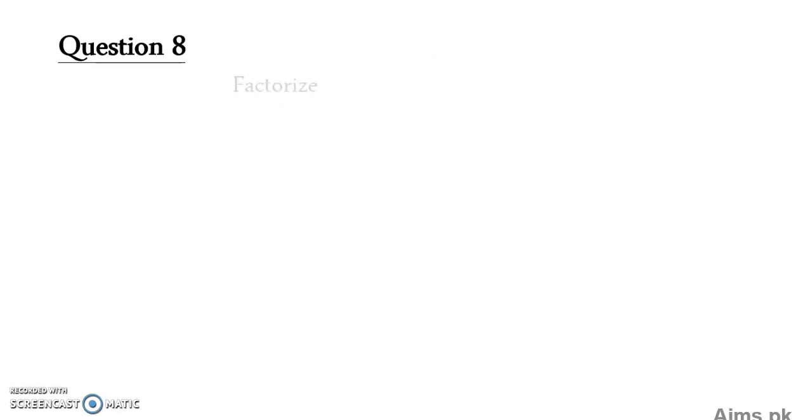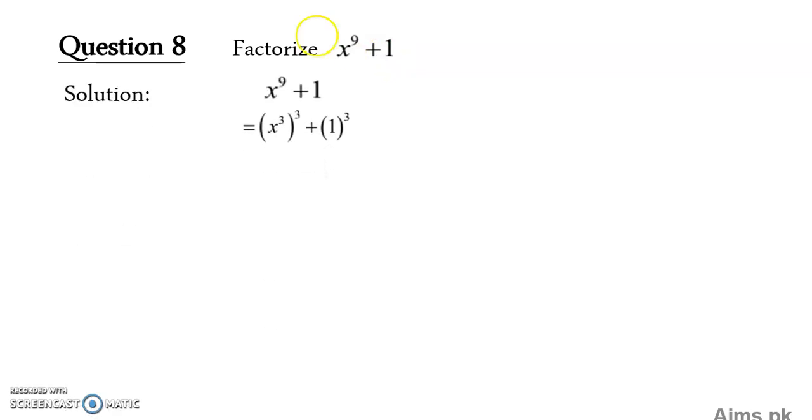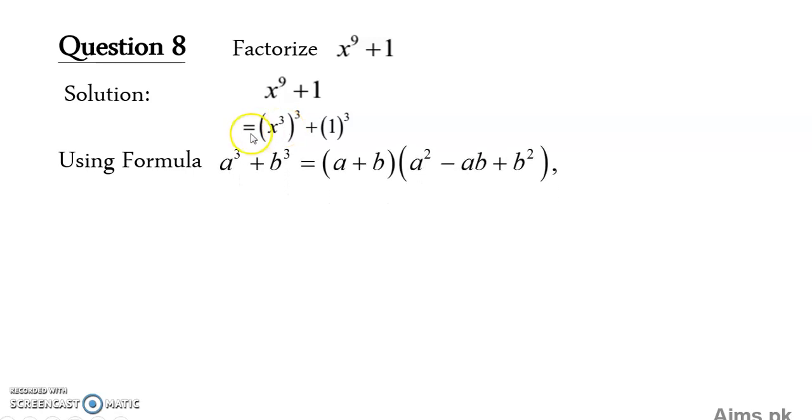Let's solve question number 8. Factorize the expression x to the power 9 plus 1. Now see, we can write it in terms of cubes. x to the power 9 can be written as x cube whole cube, and 1 can be written as 1 cube. So we know the formula a cube plus b cube.